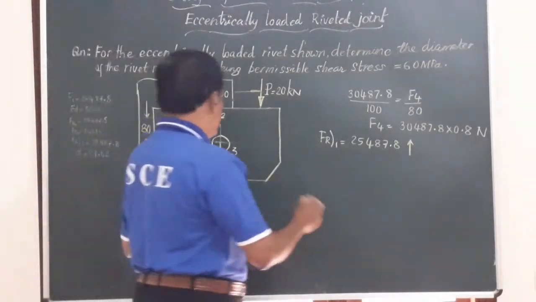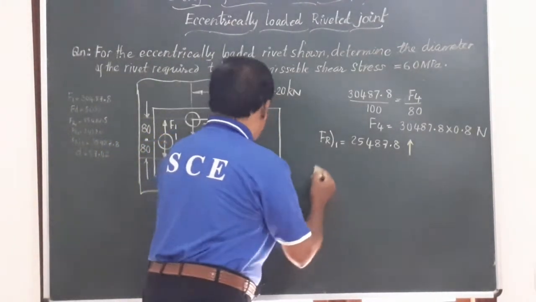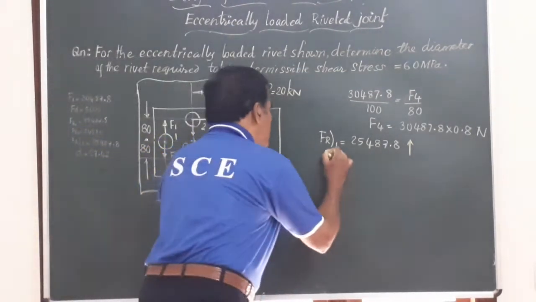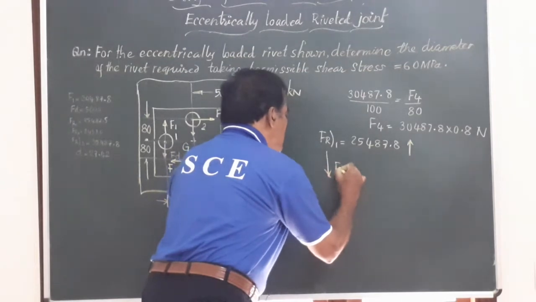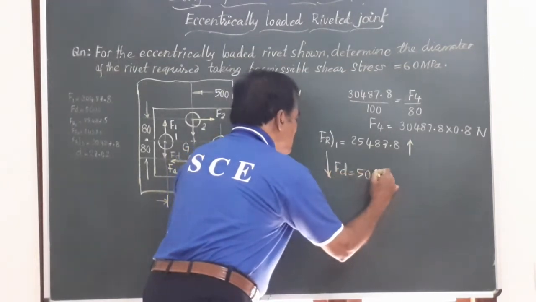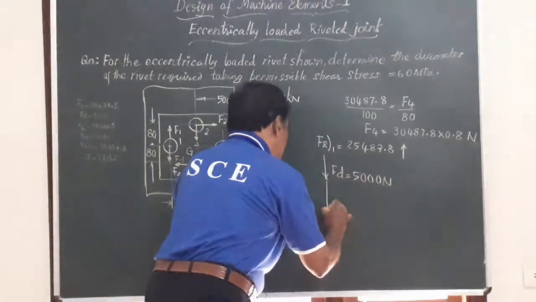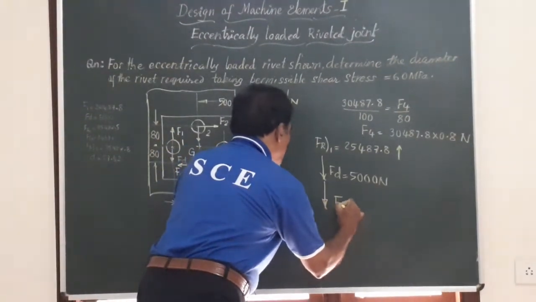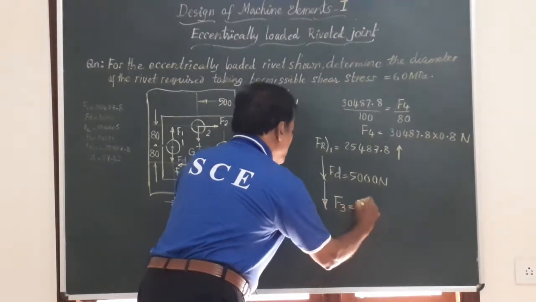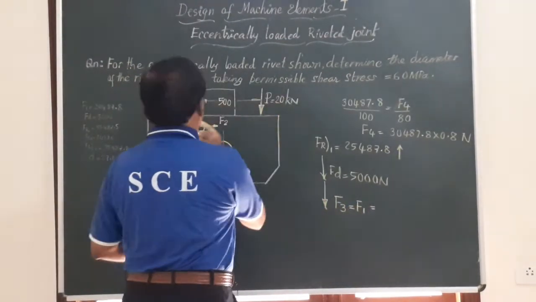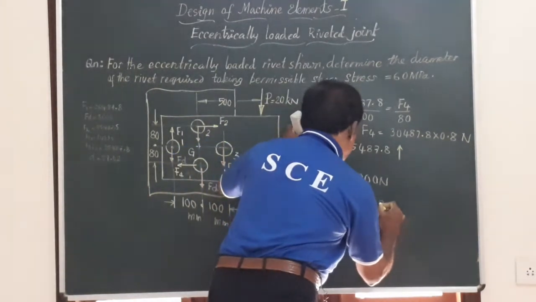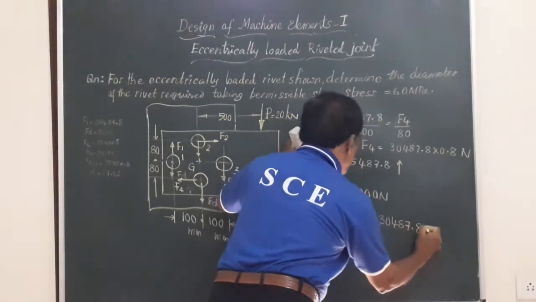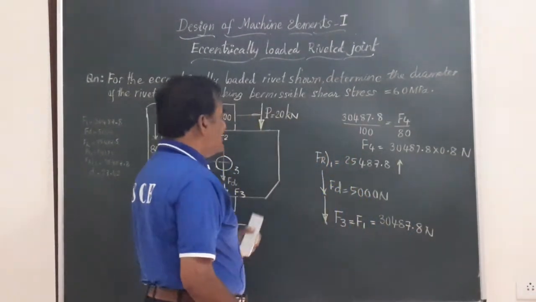Since the directions of Fd and F3 are the same, Fd is 5000 Newton and F3 is equal to F1, which is 30,487.8 Newton.